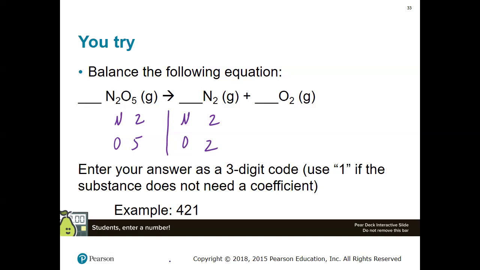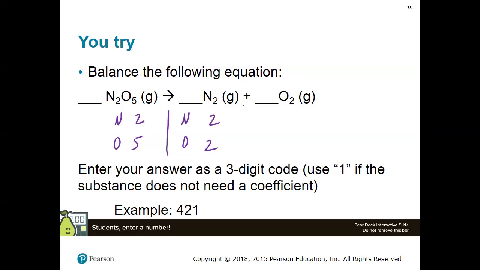What we run into is the same exact problem that we just talked about. Nitrogen is even to a piece. Oxygen is not. And I have no way of getting the oxygen to match up without using a fraction.